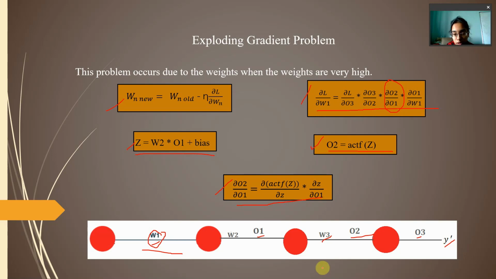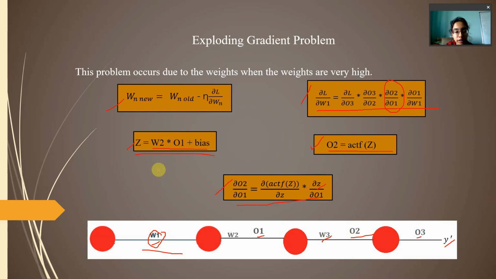Now del Z by del O1. What is Z? Z is W2 into O1 plus a bias. So if we substitute this value of Z as del of W2 into O1 plus a bias by del of O1, then we already know the differentiation rule from our 11th and 12th standard.